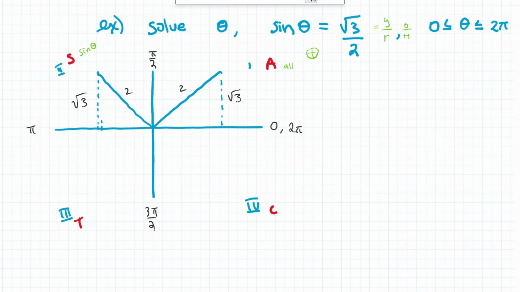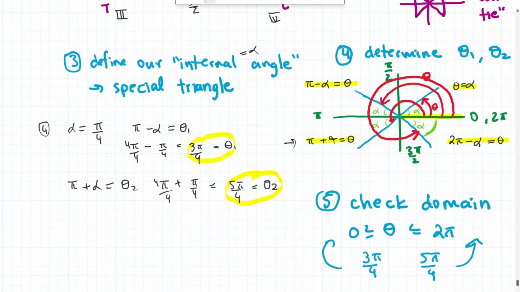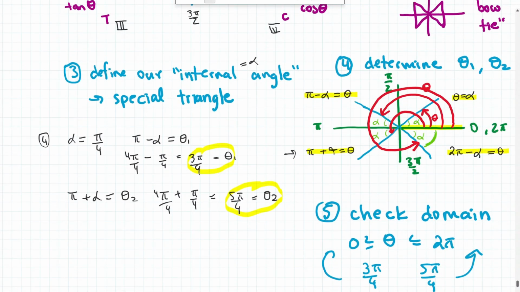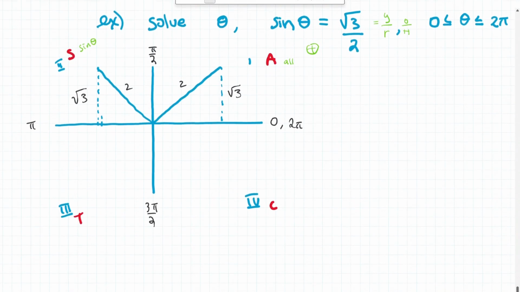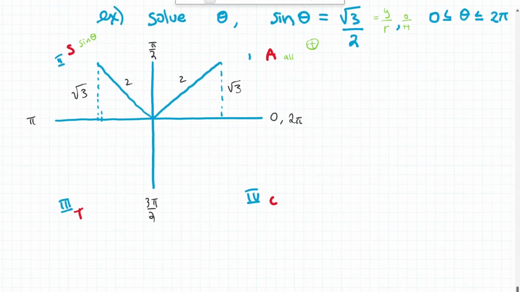Okay, so step 3 now is to define our internal angle alpha and look for our special triangles. Wow, it looks like we have a 2 and a root 3. This is really giving me special triangle vibes. So this is 1 over here and -1 by our special triangle. And let's determine our internal angle.